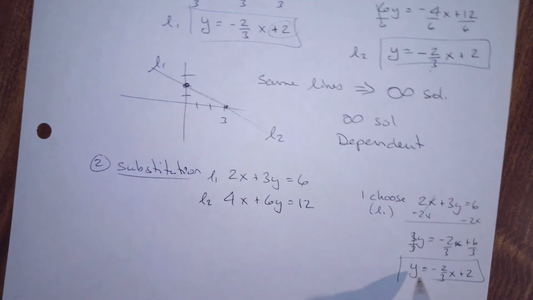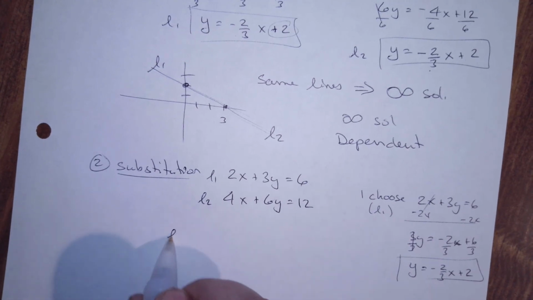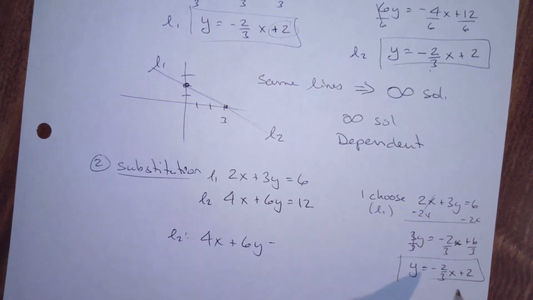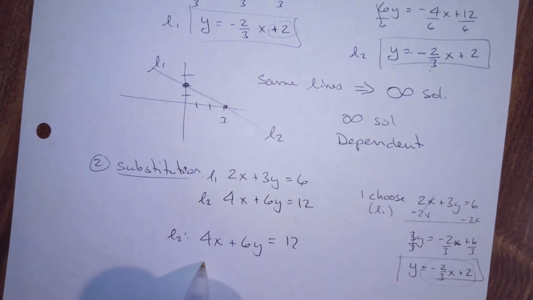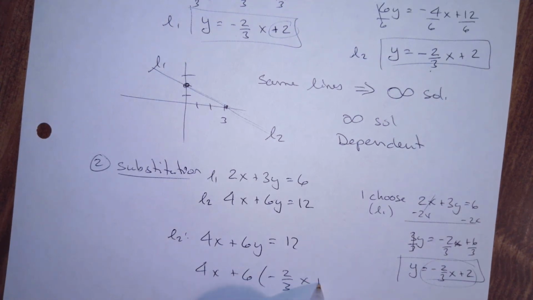So now I take that equation and plug it into line 2. Anywhere I see a y, I put this equation in it. So 4x plus 6 times negative 2/3 x plus 2 equals 12.